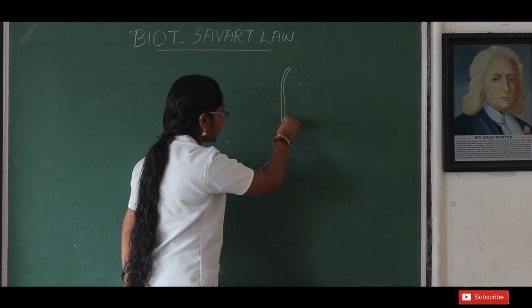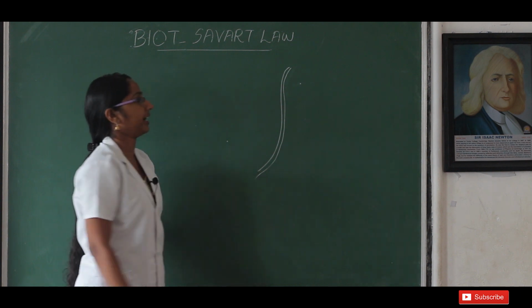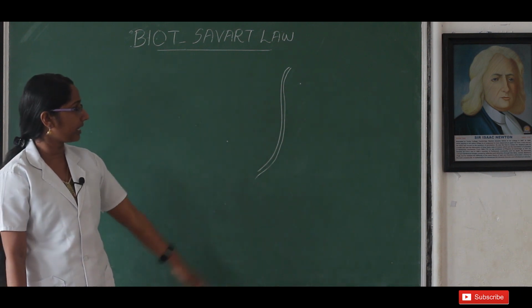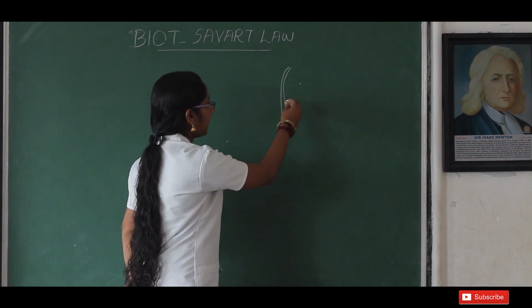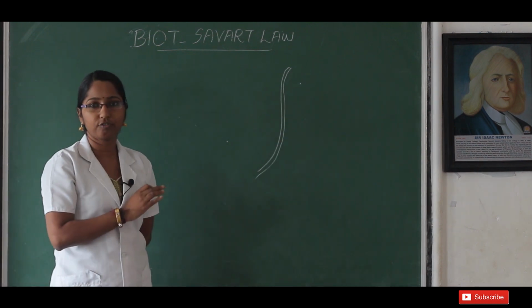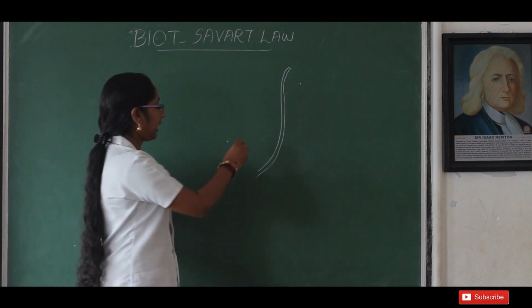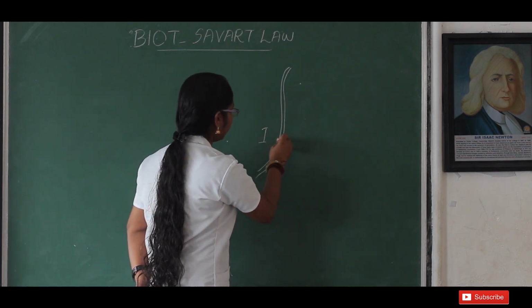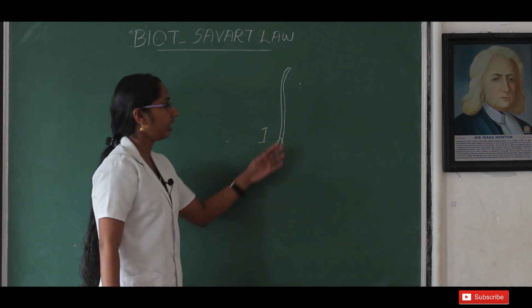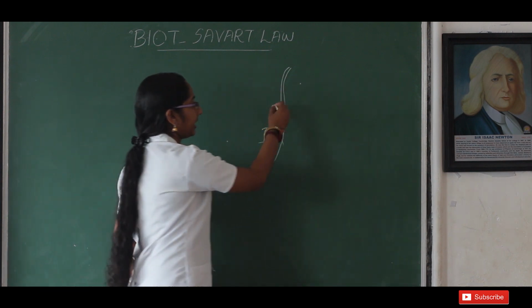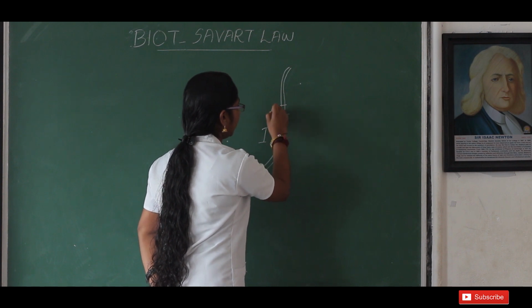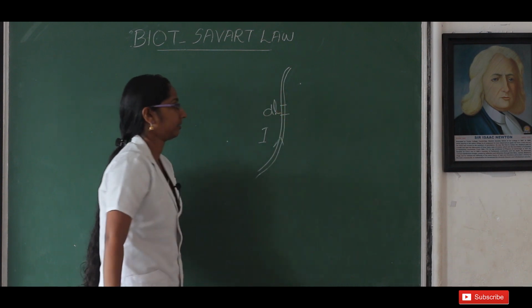Assume it as a current carrying conductor, and whatever may be its shape, it is not a problem, and it has a uniform area of cross section. And let I be the current flowing through this conductor. And we are considering a small element dl on this conductor.